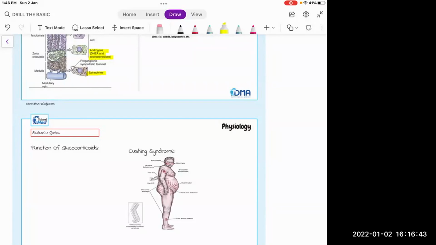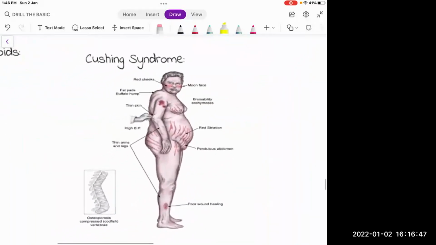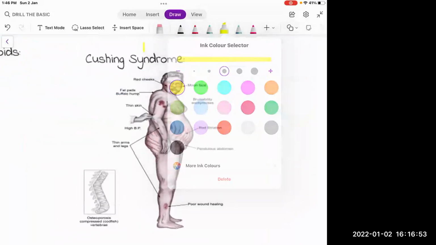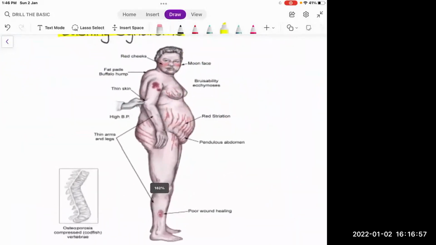Okay, it also acts on the bones, leading to osteoporosis. So if a person is having excess of glucocorticoids, then they will encounter Cushing syndrome. Excess of glucocorticoids leads to moon face because of the increase of lipolysis.